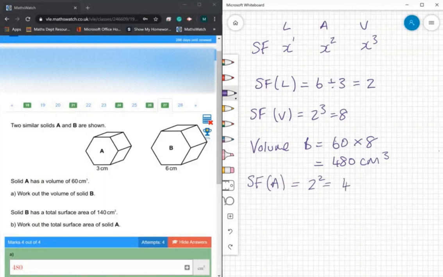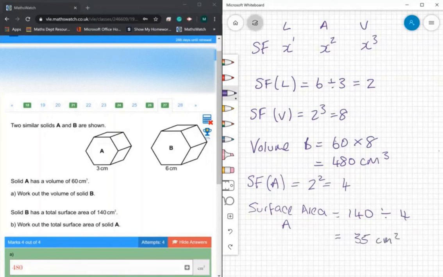If B was 140, we're going backwards, so instead of multiplying, the surface area of A would be the surface area of B, which is 140, divided by your scale factor, which is 4. And that'll bring you to 35 centimeters squared.